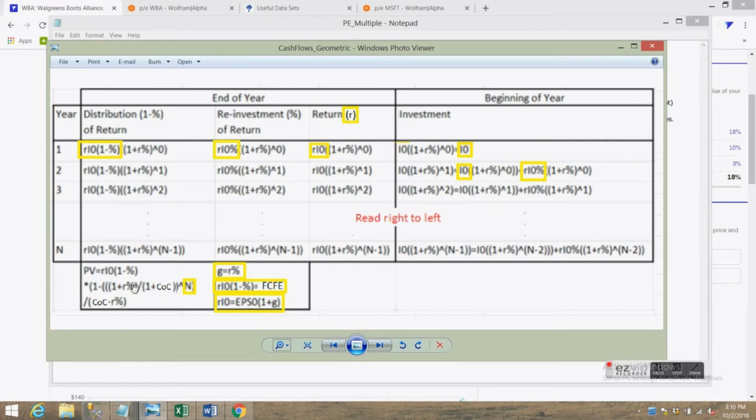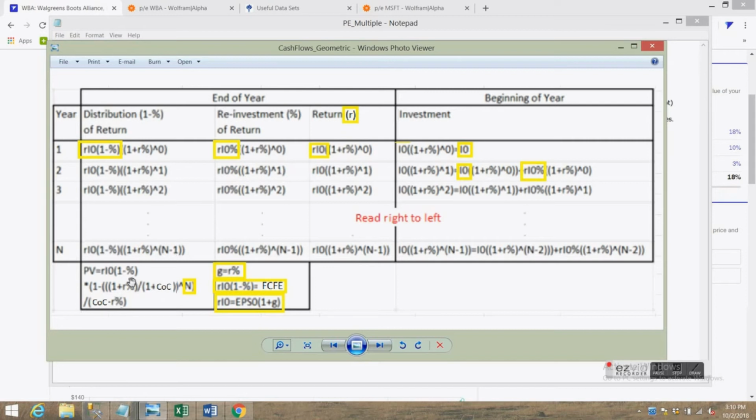Well, let's focus on this leftmost column now. Since that is the distribution to the equity holders, if we do a present value across those n years, and if we let n go to infinity, you would get the value for the company, because at the end of the day, the value of a company is its future flows back to the stockholder.